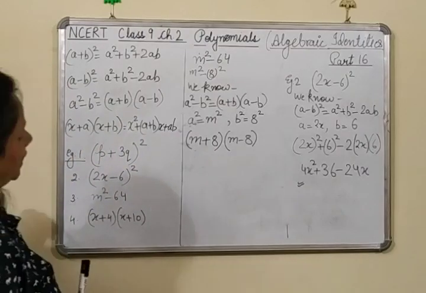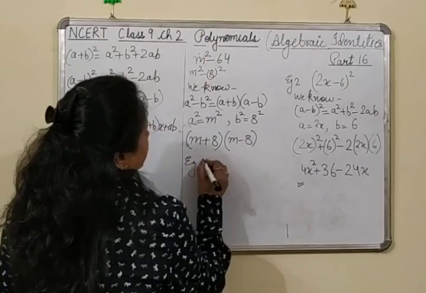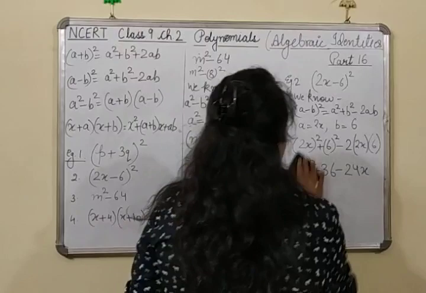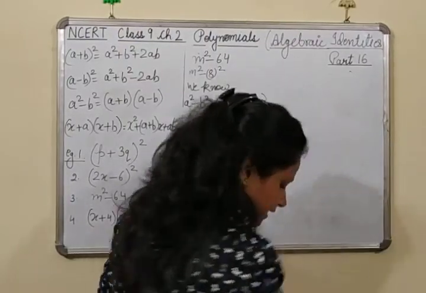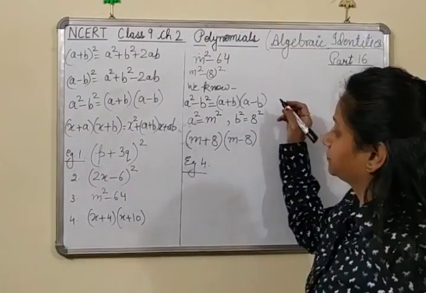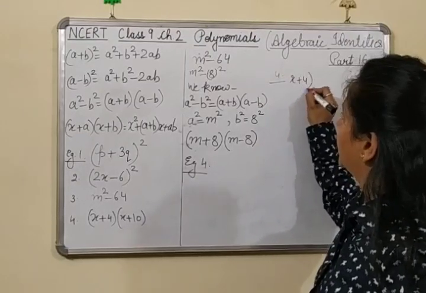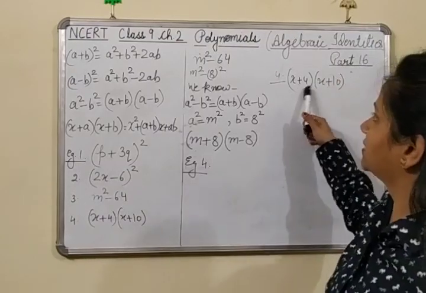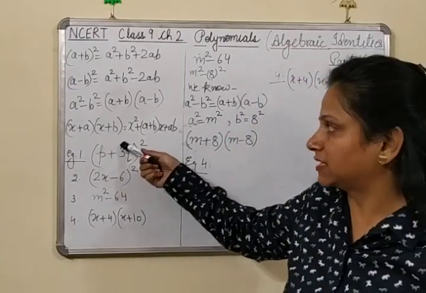Now let us move on to the last, that is (x plus 4) and (x plus 10). Example number 4. Example number 4, that is, we have (x plus 4) and (x plus 10). When we look at the identities directly, we can see that it is the fourth identity that is given to us.